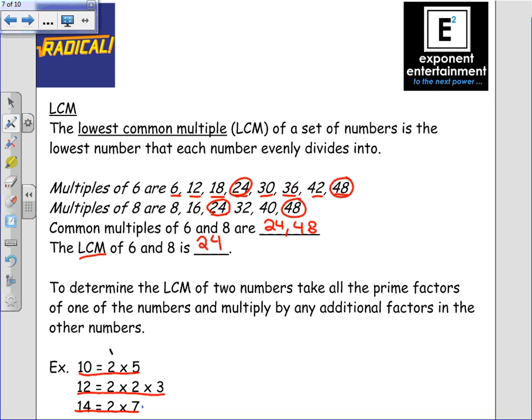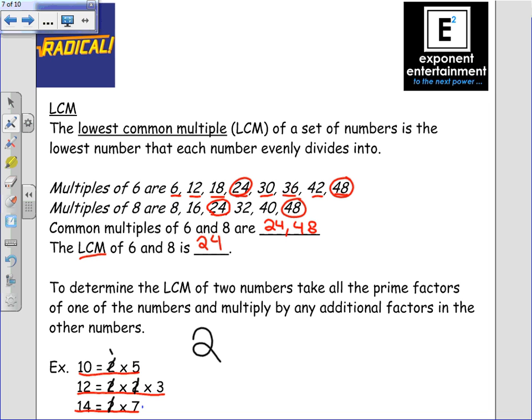And then we're going to check and see where else is a 2. So there's a 2 here and here. So we can cross out all these 2s. And you take the lowest amount. So the lowest number of times we saw the number 2 was in 10, right? So we write down just 1, 2. If we had seen 2 2s in every set, we would write down 2 twice. What's the next greatest number we see? 3. What's the lowest number of times we see 3 once it's used?